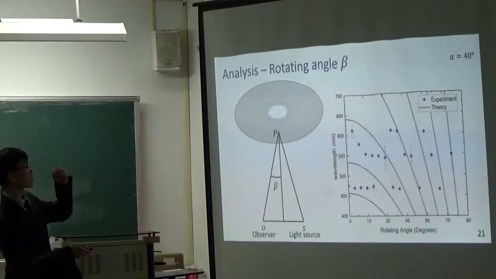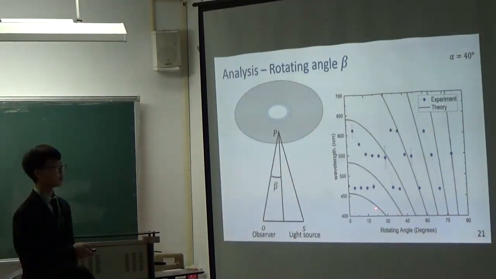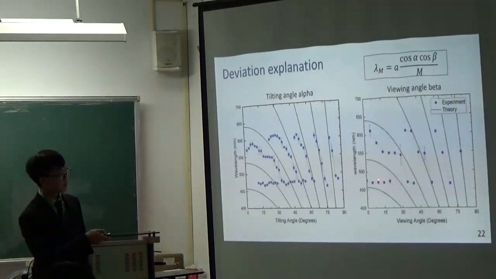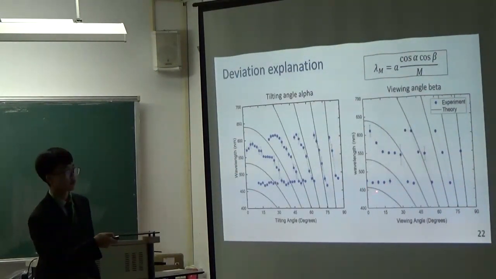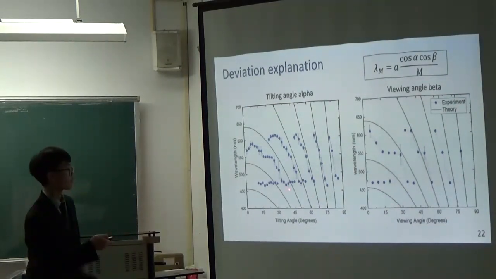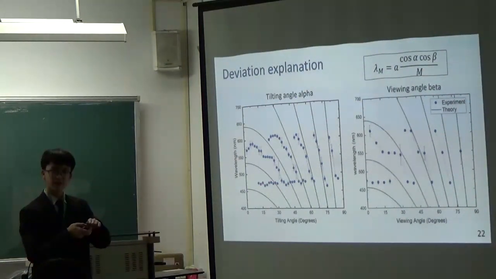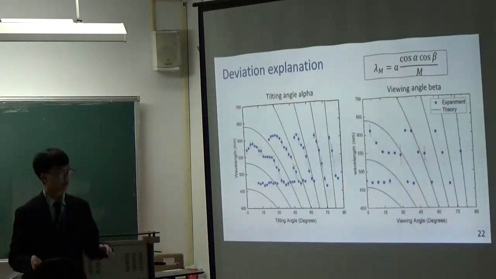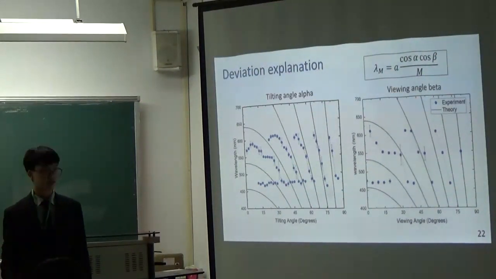This is the result we got from rotating angle B. We can see that there is a horizontal tendency that the wavelength of light will form. Also, when we change the alpha angle, there is a tendency of a horizontal line being formed. So I'm going to explain this phenomenon.